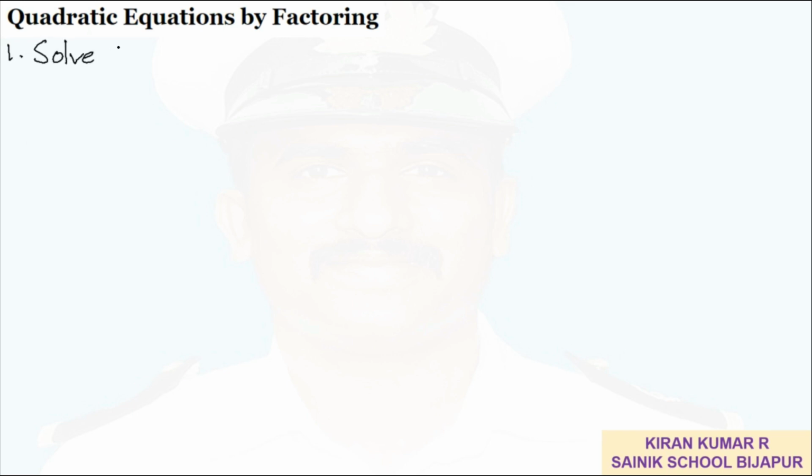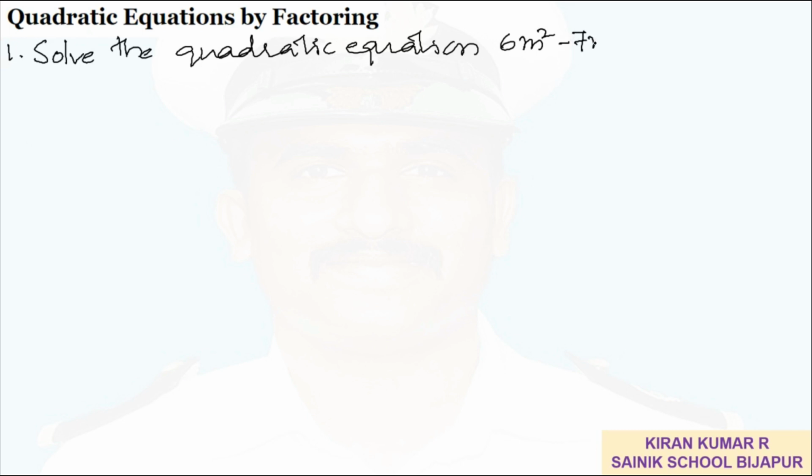The question is, solve the quadratic equation 6 times m square minus 7 times m plus 2 equal to 0 by factorization method.